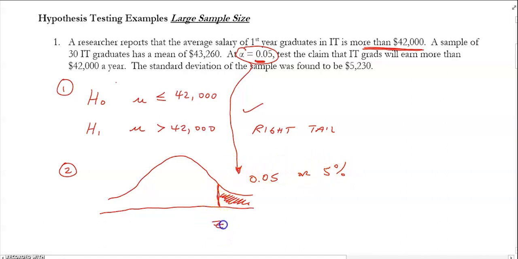Now the question is, what is the Z value going to be when this area here is 0.05? Well, we have the means to make that happen. We know that from the mean to this point must be 0.4500. And when we look at our Z table, we're going to go look for the area of 0.4500.